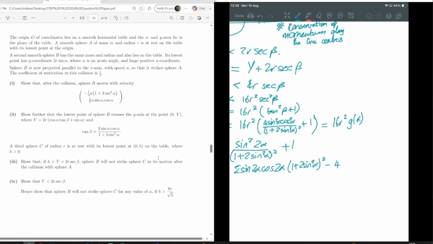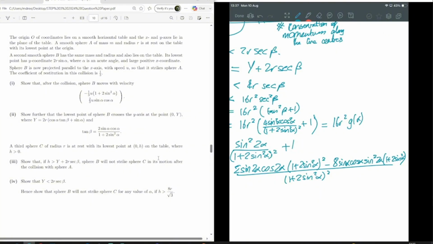Differentiating that denominator, it's actually going to give me 8 sine alpha cos alpha times the numerator, and I still have a copy of that bracket on there, over the denominator squared, and then that plus 1 just differentiates away.